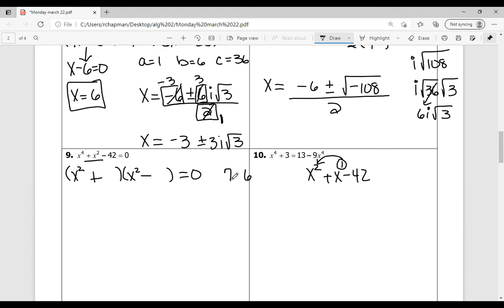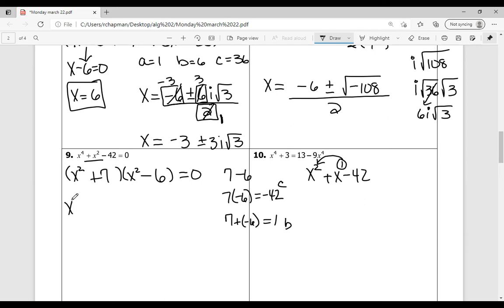So which one of these needs to be negative? 7 times -6 is -42, and 7 plus -6 is +1. So there's your C value and there's your B value. So I'm going to put the 7 with the plus and then 6 with the negative.